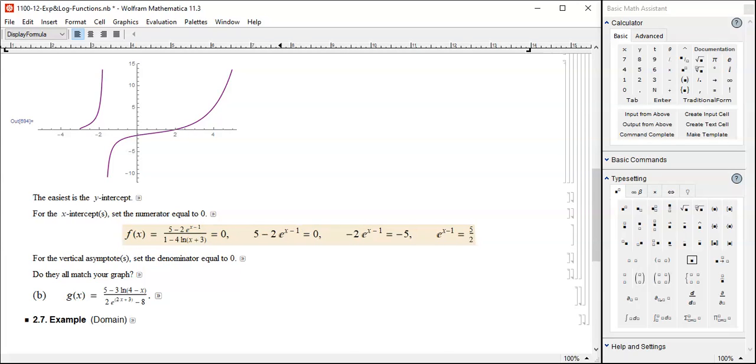No, positive 5 over 2, since negative over negative is positive. Okay, and then any idea? We have to find x. We have the exponential equal to 5/2. What do you do next?